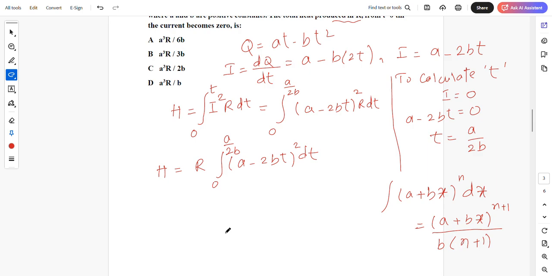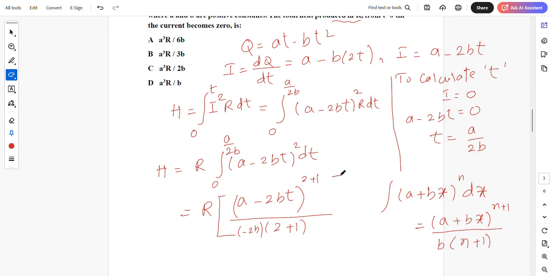In the same way, you can write this one as R into (a minus 2bt) to the power of 2 plus 1, divided by 2 plus 1, into the coefficient of t, because we are doing it with respect to t here, that is minus 2b. Minus 2b is the coefficient of t here.